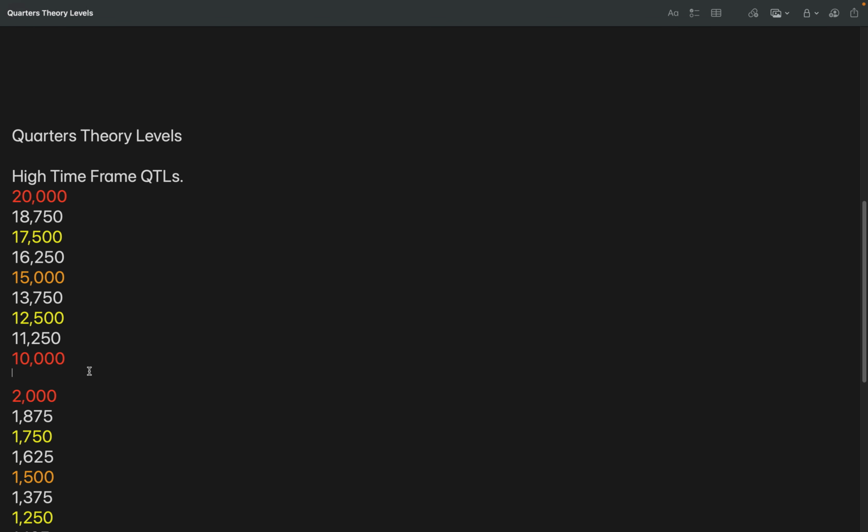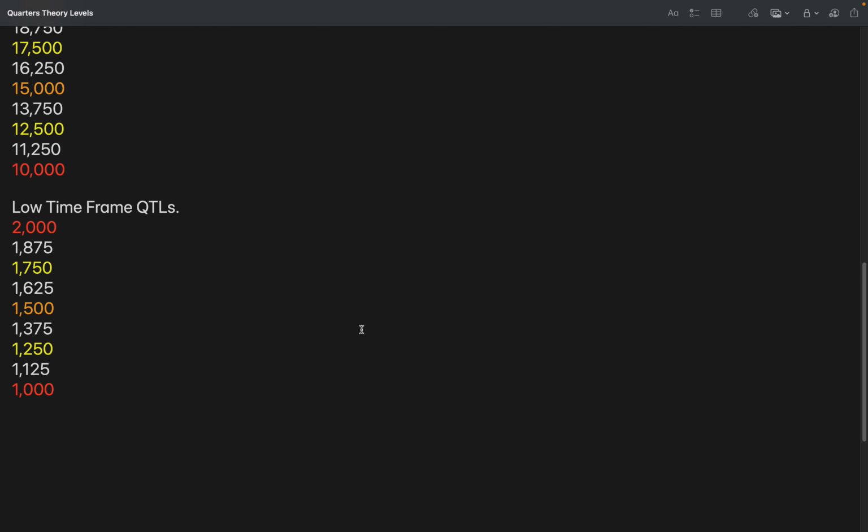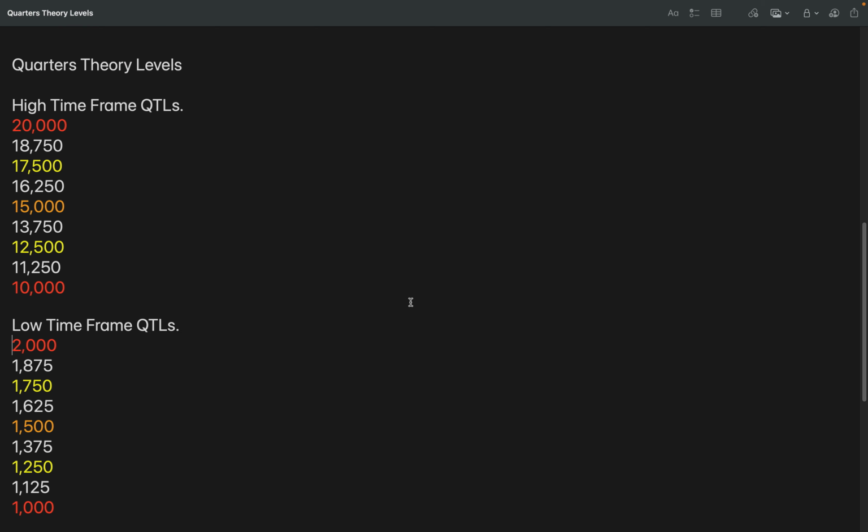Okay. Low time frame QTLs. All right. So this is kind of what it'll look like on the chart, right? So you'll be basically in this range right here. Okay? On the chart. All right? So maybe you're here or something like that.